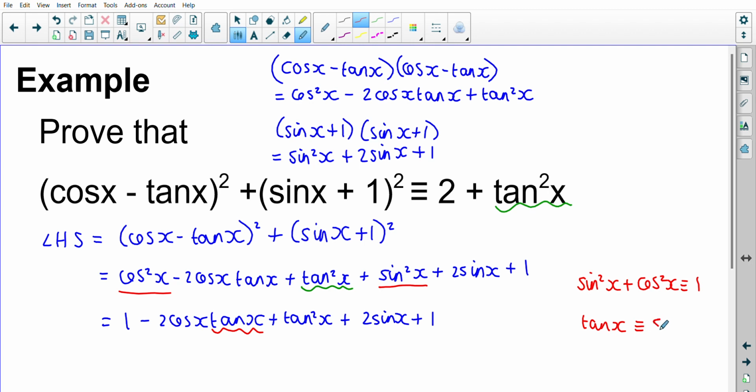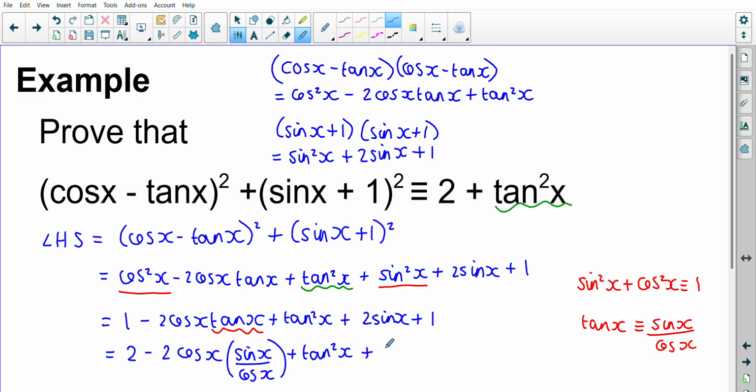Sometimes with these proofs, you've just got to give things a go. Sometimes it looks worse before it gets better. So I'll put the 2 together, and then it'll be 2 cos x sine x over cos x plus tan squared x plus 2 sine x.